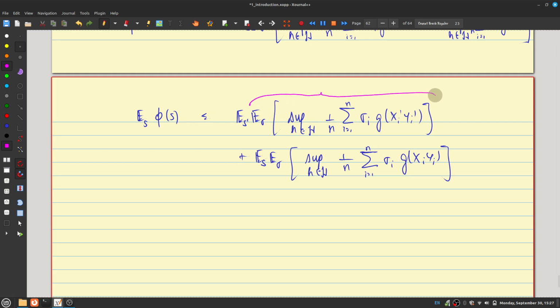What is this? That's the empirical Rademacher complexity. And when I take the expectation with respect to x, I get the Rademacher complexity. And the same holds for both of these terms.